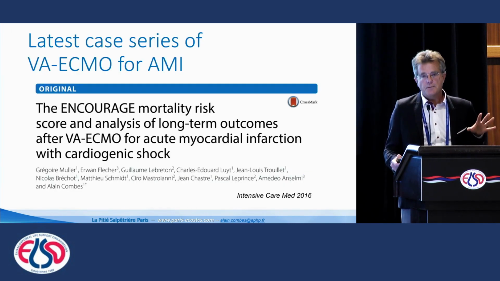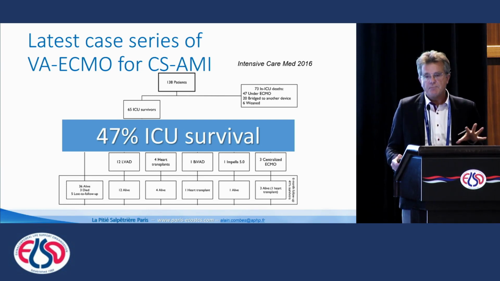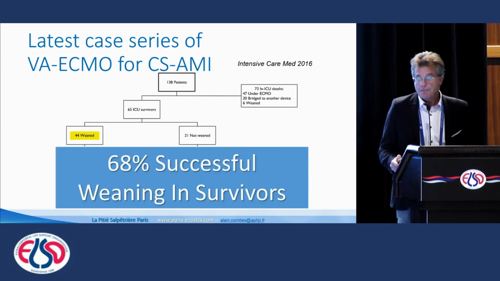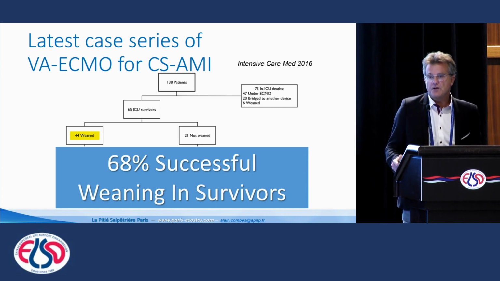We know that ECMO can save lives in this population. In this series we did in France, for those patients almost dying of refractory cardiogenic shock, 50% of them might be rescued by this strategy, with a good chance also of successful weaning without the need for a big VAD or heart transplant.